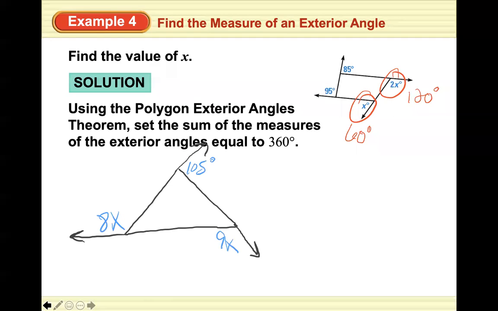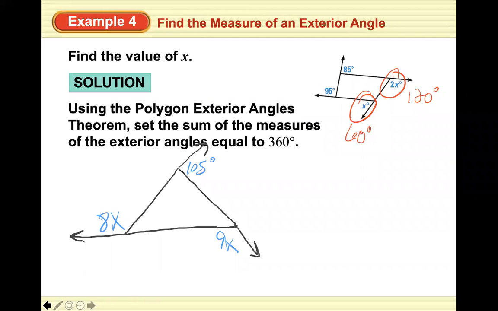Now, how many degrees do these three angles add up to? They add up to 360 degrees. Remember, the exterior angles of a polygon always add up to 360 degrees.